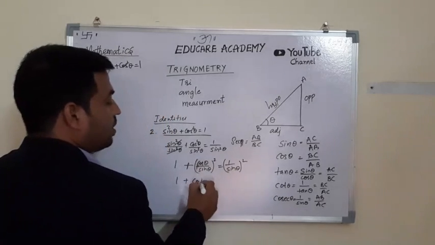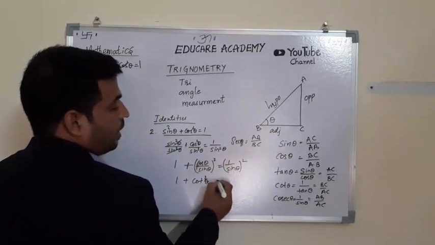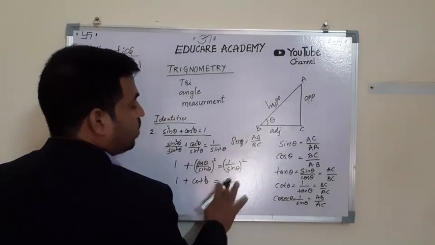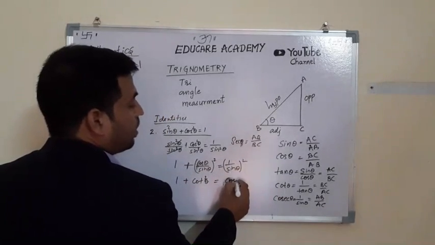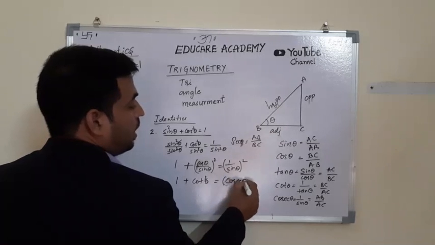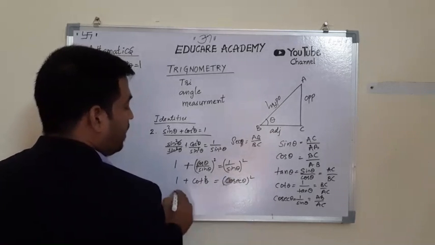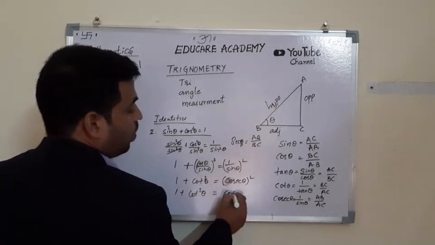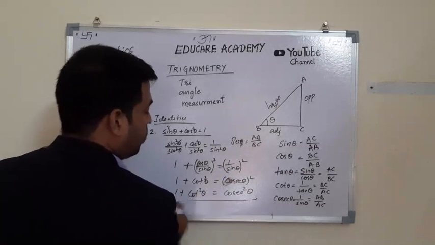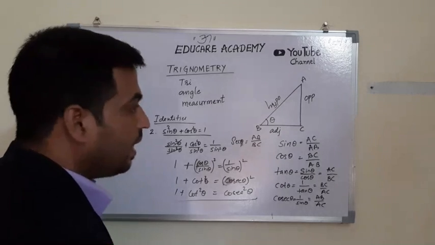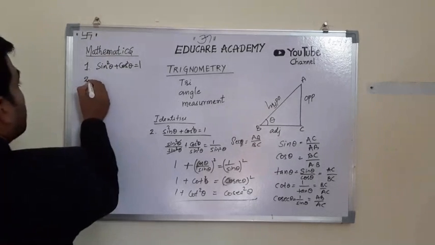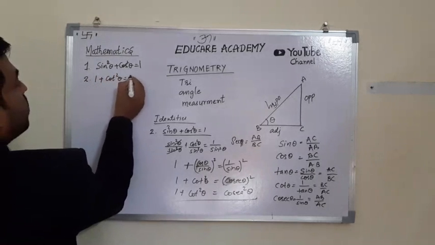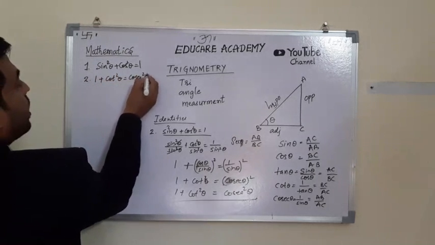So cot square theta, and 1 by sin is cosec, so cosec theta the whole square. So you can write 1 plus cot square theta is equal to cosec square theta. So we got the second identity as 1 plus cot square theta is equal to cosec square theta.